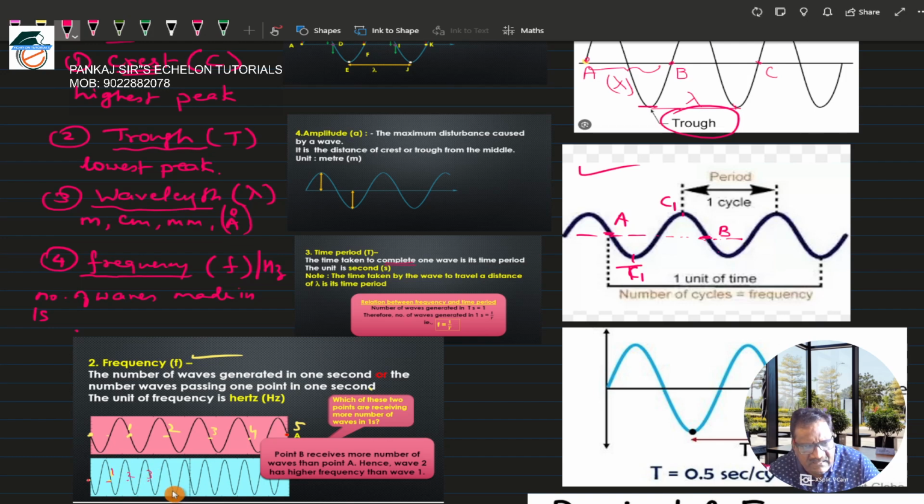I'm counting the complete waves. This is 4, and here I'm getting a 5, but the wave continues to come here, and this is 6, this is 7, this is 8, this is 9, and here when you come it is 10. So the bottom wave has a 10 hertz frequency, and this one has a 5 hertz frequency.